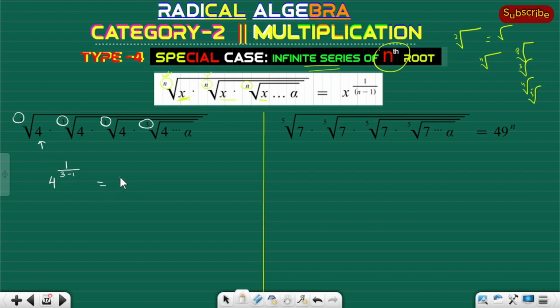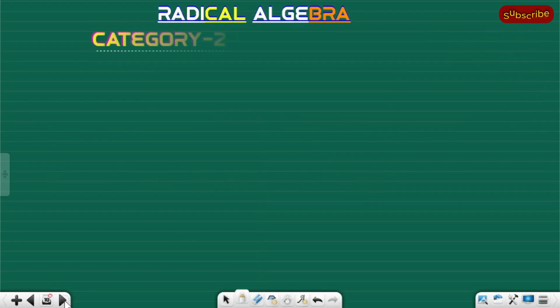So the answer would be 4 to the power half, which is nothing but the square root of 4, equal to 2. The answer is 2 here. What about here? 7 to the power 1 by, here it is 5, 5 minus 1, so 7 to the power 1 by 4.